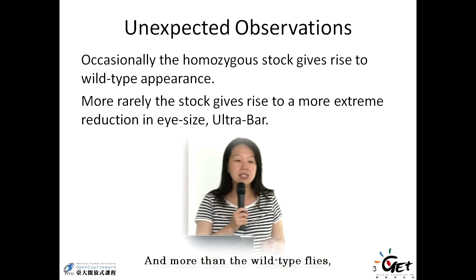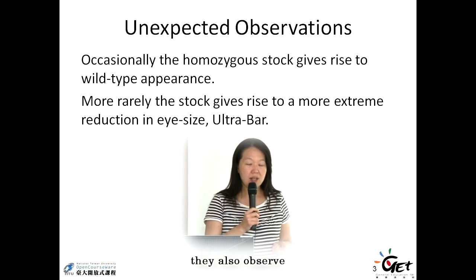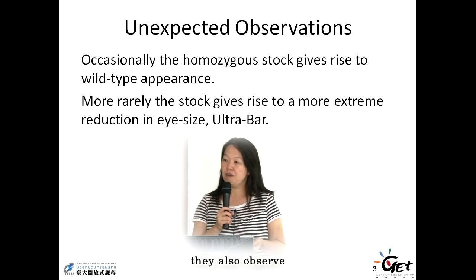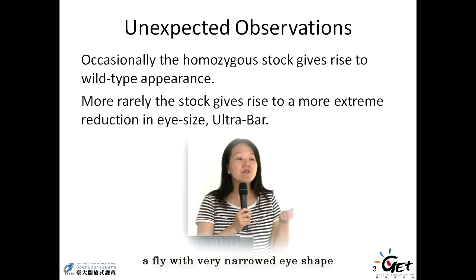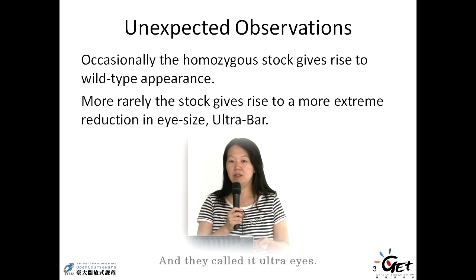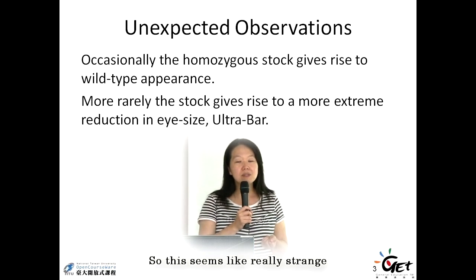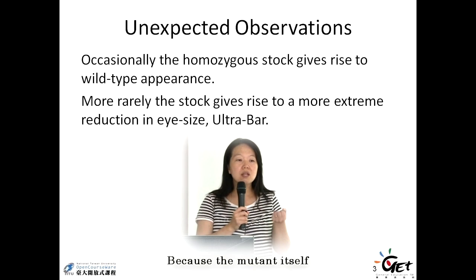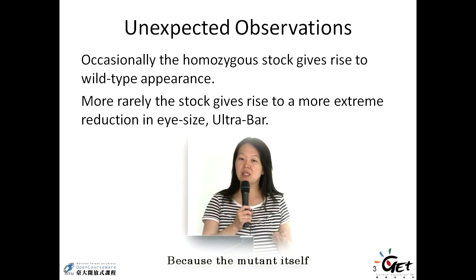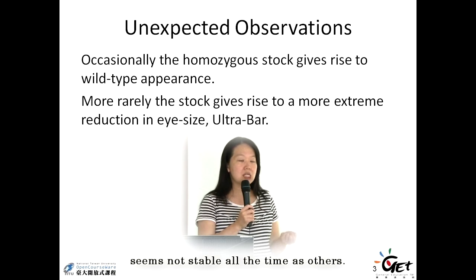And more than the wild type flies, they also observe flies with a very narrowed eye shape, which they call ultra bar. This seems really strange because the mutant itself seems not stable all the time.